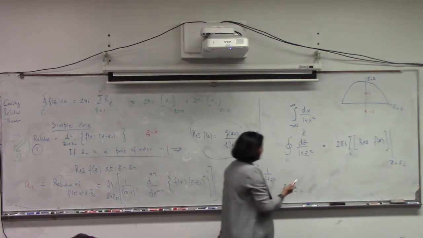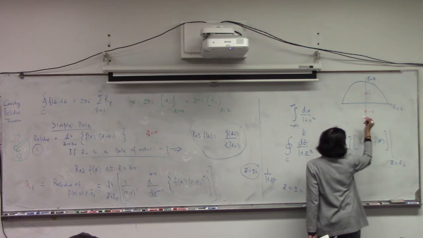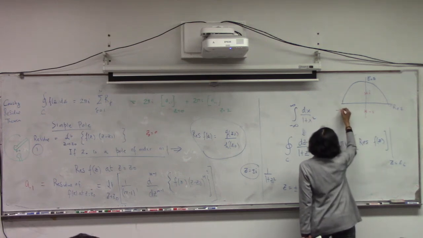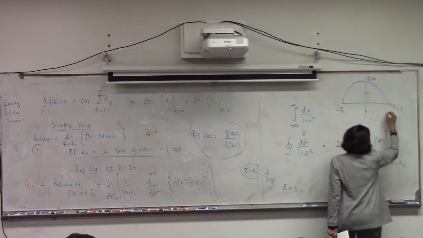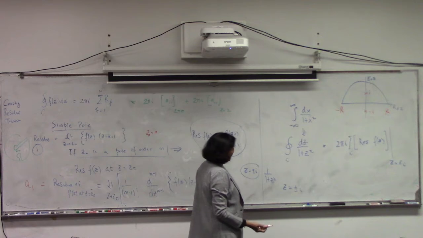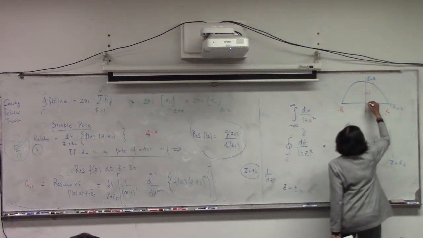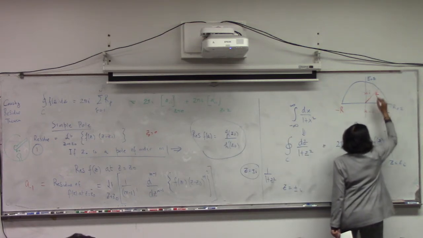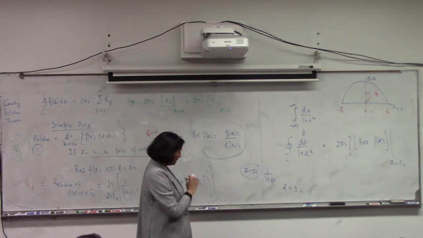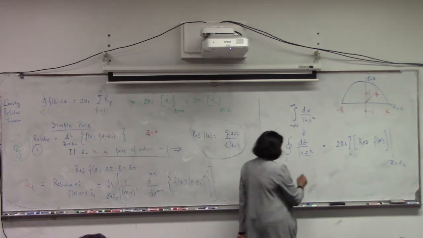Why did I choose a semicircle rather than a closed contour? Because I want to calculate that kind of integral, minus infinity to plus infinity, right? So you just choose a semicircle like this, of radius r, and we'll calculate the integral. Look at this integral then, r tending to infinity.